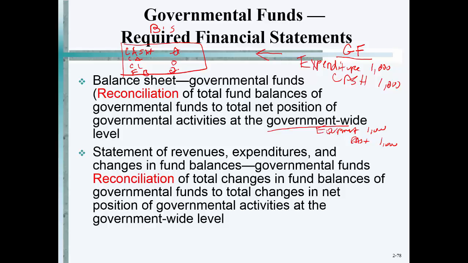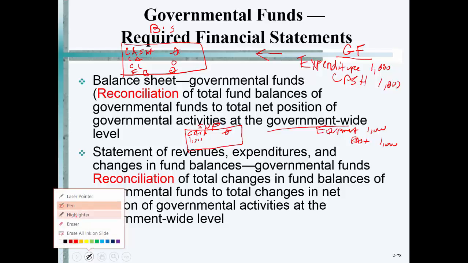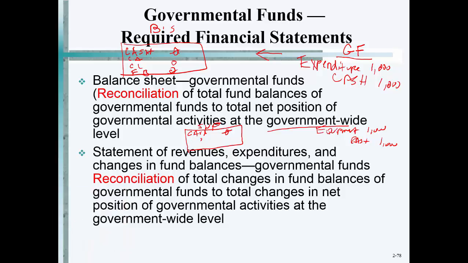Now, if I'm trying to prepare my statement of net position, using full accrual accounting, I had $1,000 cash. I spent it all on equipment, so how much cash do I have? Zero. But now I have equipment. Usually we write the name of the account to the left and the number to the right, isn't that how we usually do it?